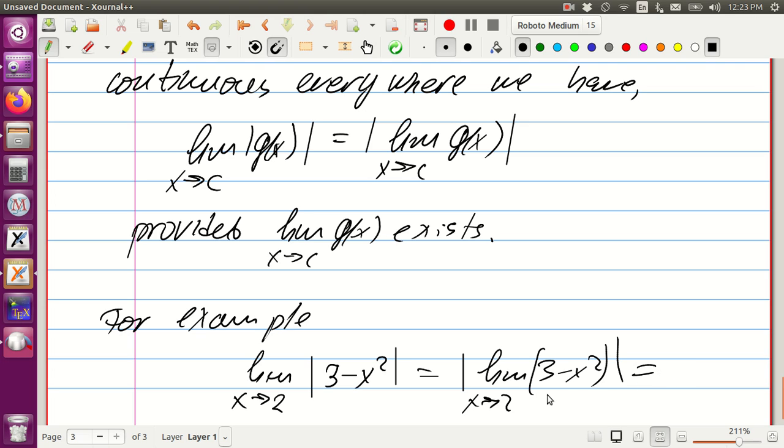So when we plug in 2, 3 minus 4 will be negative 1. So the absolute value of negative 1 is positive 1.